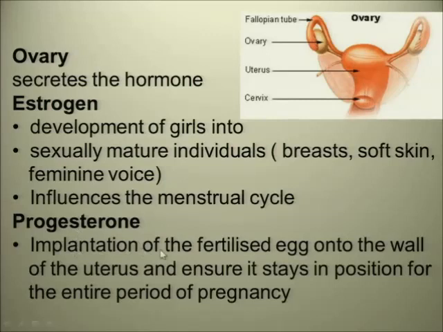Then progesterone: implantation of the fertilized egg into the wall of the uterus, ensuring it stays in position for the entire period of pregnancy. So progesterone helps the uterus for implantation of the fertilized egg.